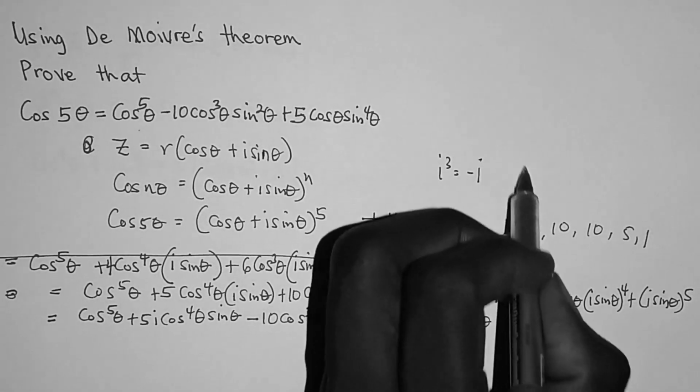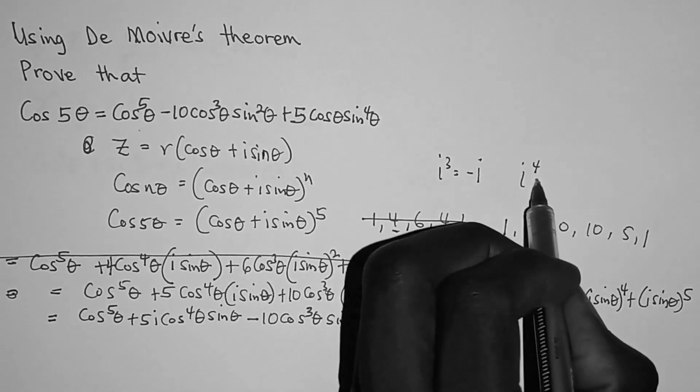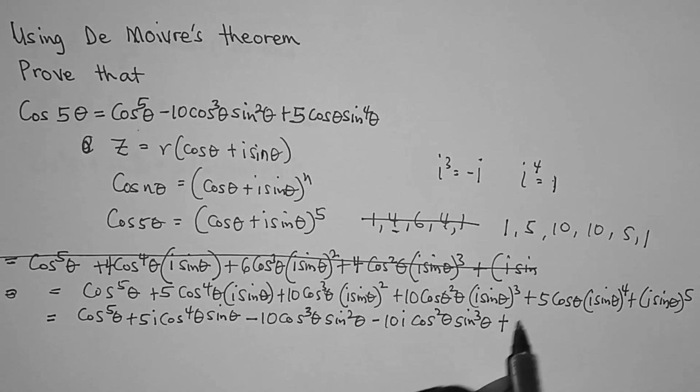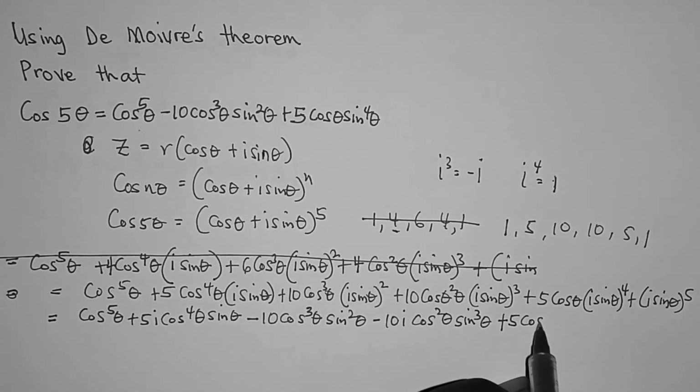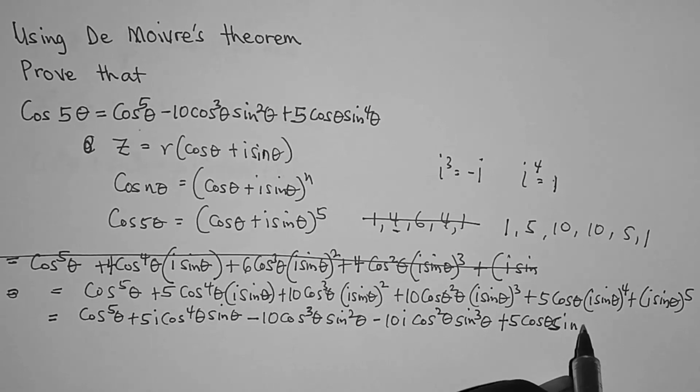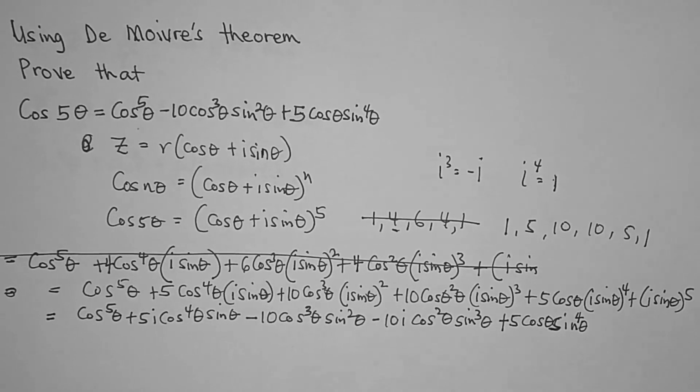And here is i exponent 4, which is plus 1, so this is going to give us plus 5 cos theta sine theta exponent 4.